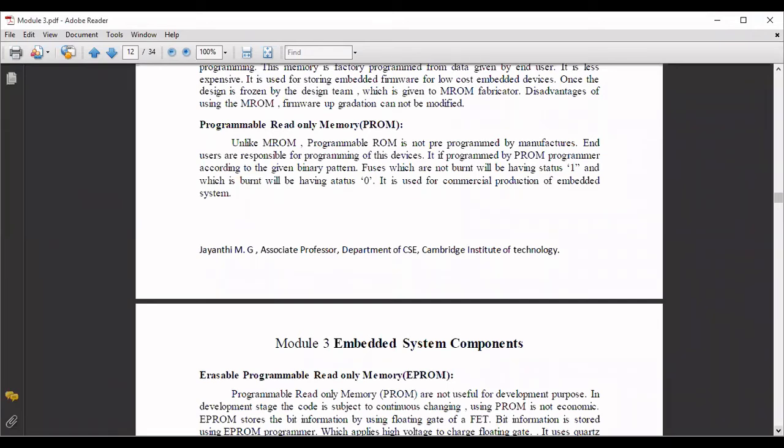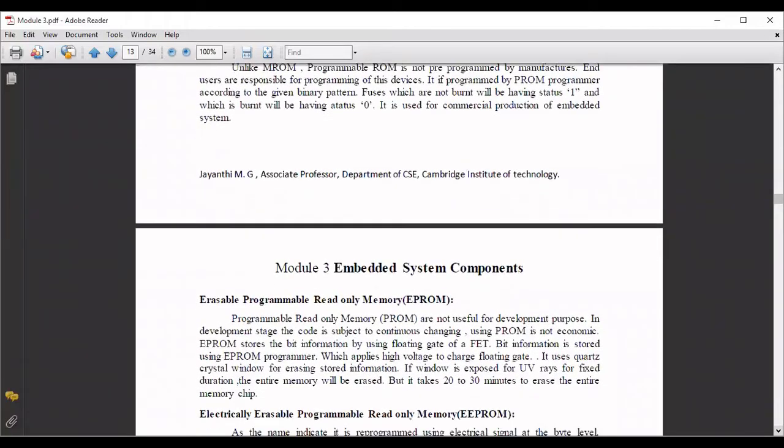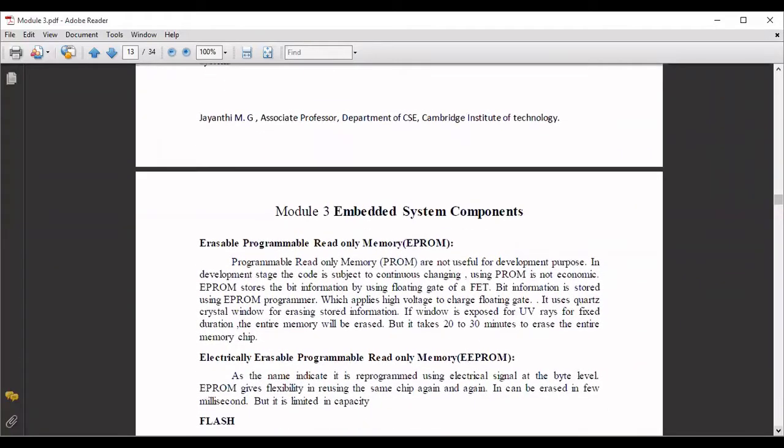As per the user's requirement, it will come already programmed, or the end user will be allowed to do the programming on that particular chip. In the same way you have erasable programmable read-only memory, EPROM. These are not useful for development purposes, because the contents are continuously changing, so using PROM would not be economical.